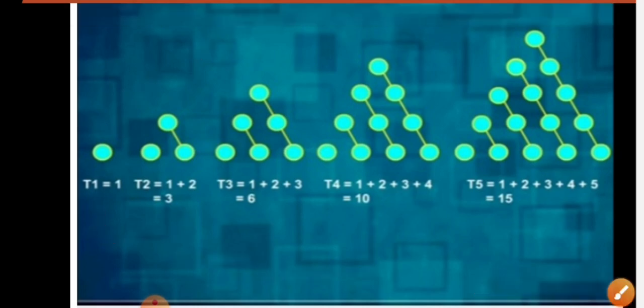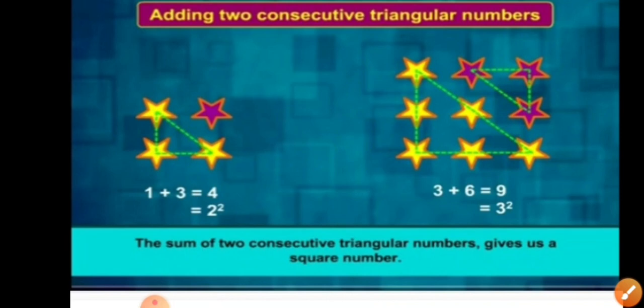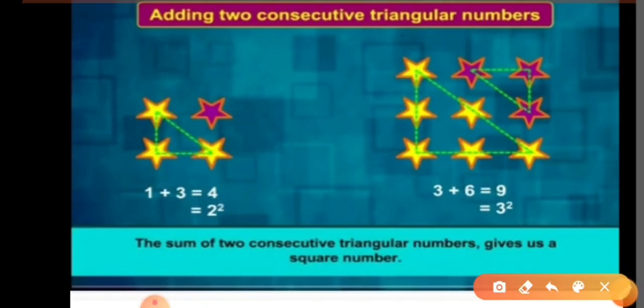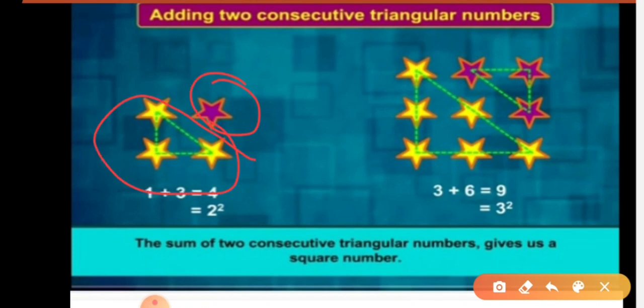Now what you will get here, see here. Now when you have added the first triangle, this first one and the second one, the first triangle consists of 1 and then 3, that is 4. And the answer has come 2 ka square, means 4.